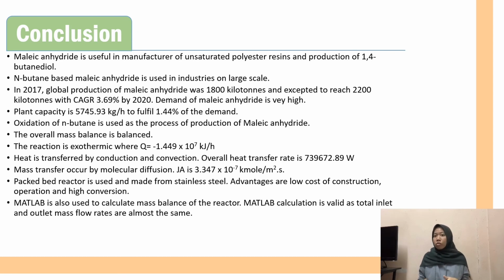Meanwhile, mass transfer occurs by molecular diffusion with JA equal to 3.347 times 10 to the power of -7 kmol per meter squared second. For the reactor, we use a packed bed reactor made from stainless steel because we use a catalyst, and also for several other reasons. And lastly, MATLAB is used to calculate our mass balance as well.